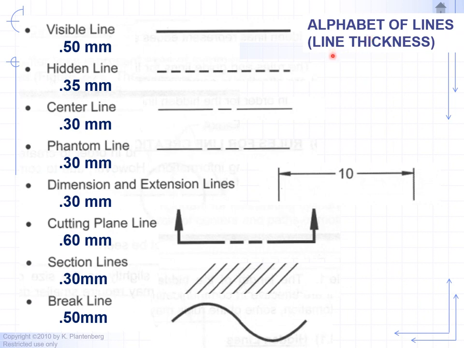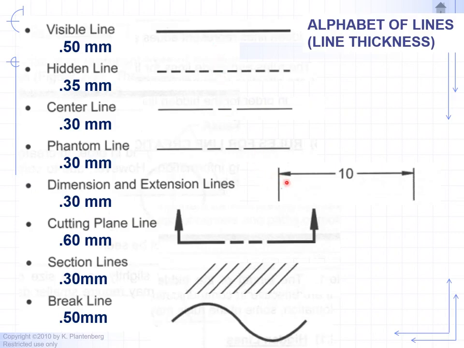So let's take a look at line thicknesses or line weights. Okay, so visible line, object line is 0.50 to 0.60 millimeters in thickness. And as you can see, hidden lines, center lines, phantom lines, dimension and extension lines are about 0.30 to 0.35 millimeters in thickness.